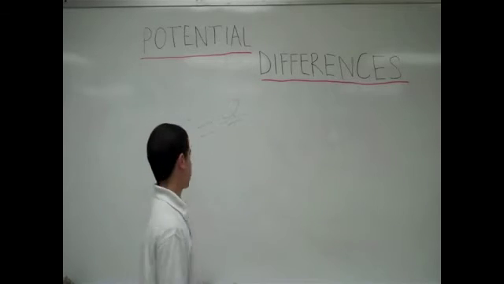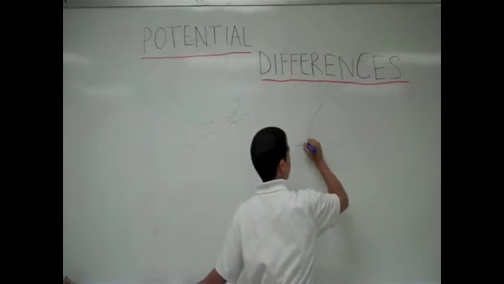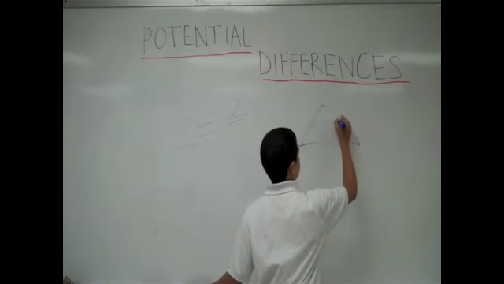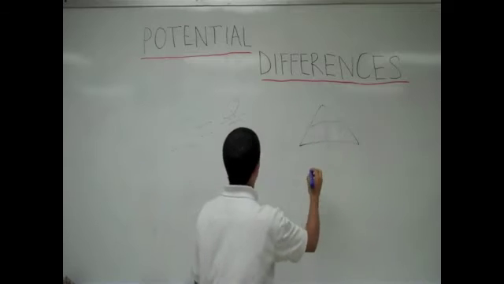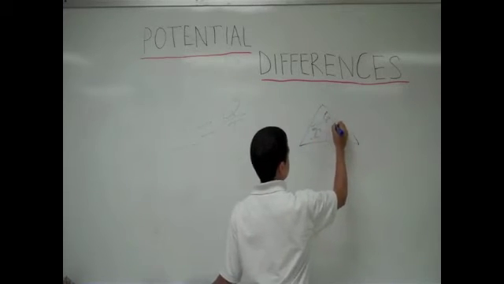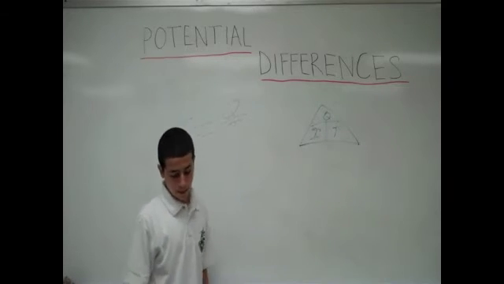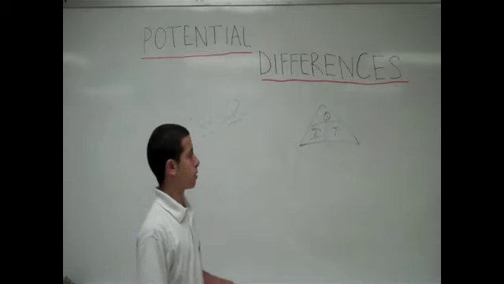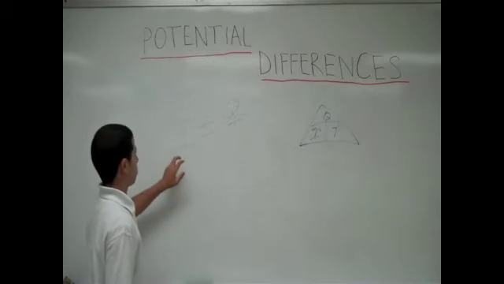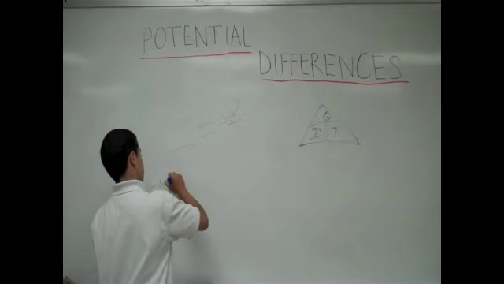A simpler way to show this is using this pyramid with I, Q, and T. I'll explain how to use this pyramid in a bit when finding the equation. So basically, I equals current.